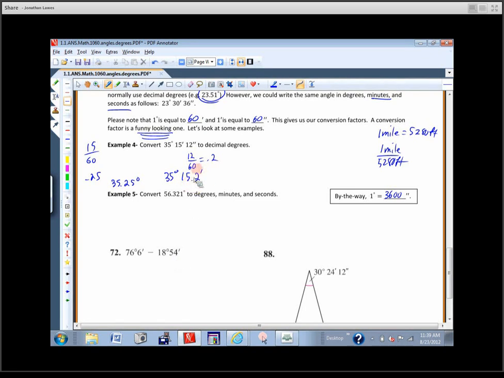So it's a little bit more than that 15 minutes that it used to be because we had these 12 seconds hanging on right here. So then I'm going to take this 15.2 minutes and I'm going to figure out what fraction of a degree that is. So I'm going to take 15.2, put it over 60, and let's come up with a decimal equivalent for that. So we'll just type that into the calculator.